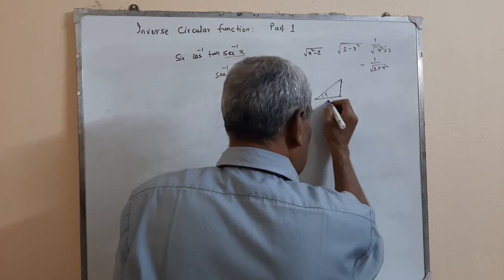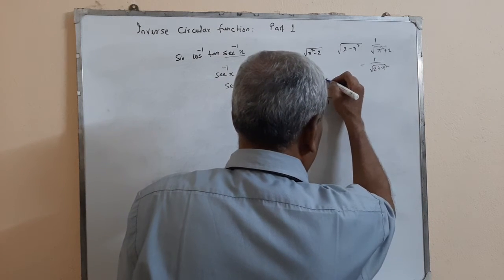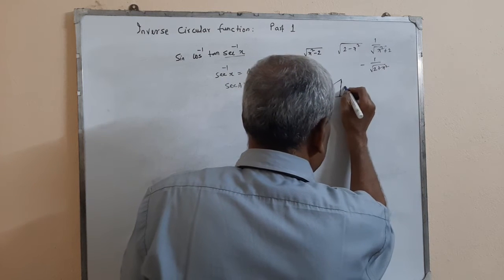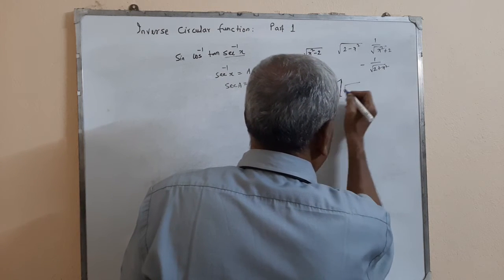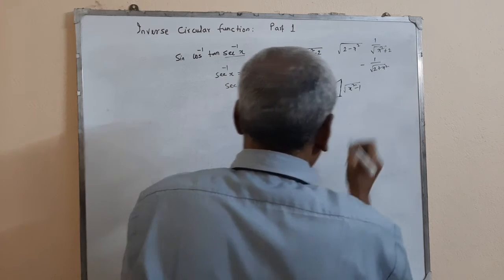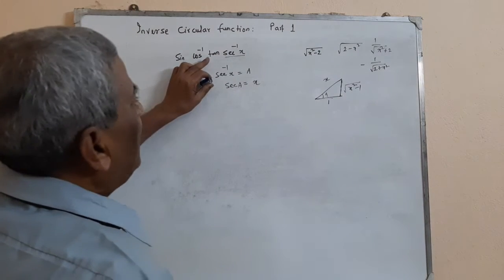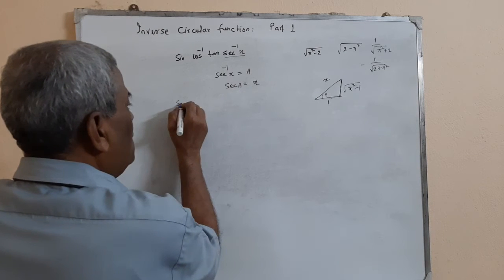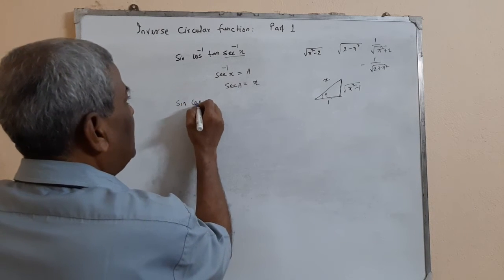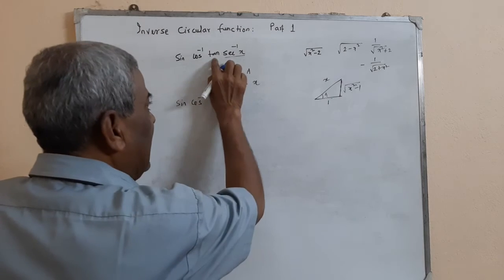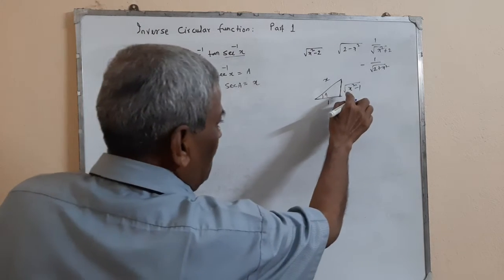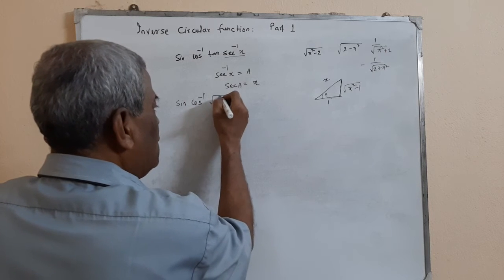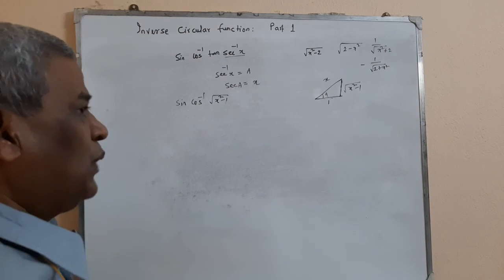By Pythagoras theorem, the other side is root over of x square minus 1. Tan a is equal to this by that, root over of x square minus 1 by 1.